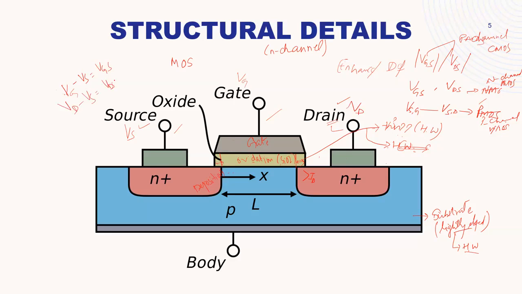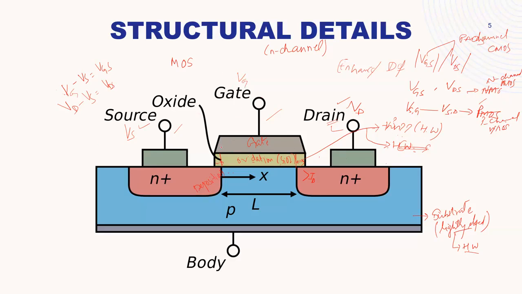So what is the meaning of VGS? VGS is applied to form the channel, and for our NMOS, it is obviously positive. So VGS should be positive and it is applied to form the channel.